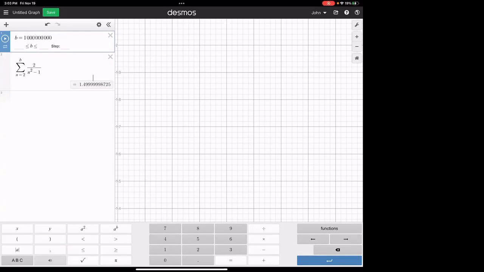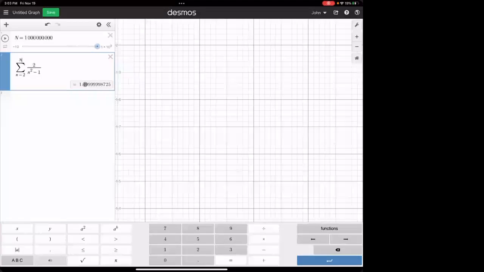And if you go up really high, it's basically 1.5. So it looks correct that the series is approaching 1.5 as the upper limit goes to infinity. I don't know why I used a different letter here rather than capital N like I used before. But yeah, what do you think about that?